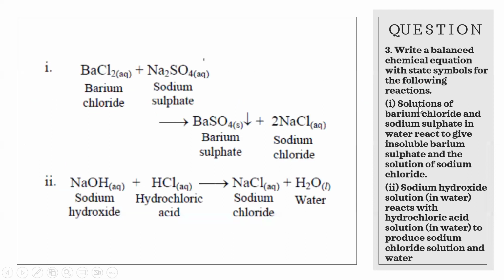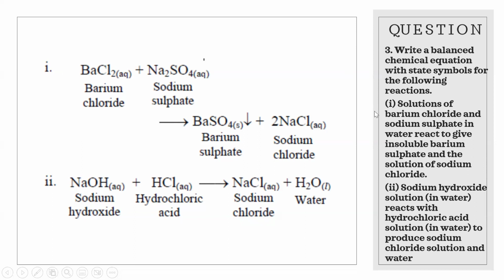Next one is balancing a chemical equation. Here, with the physical states, you are asked to write the solutions of barium chloride and sodium sulfate in water. Barium chloride in water means we have to write aqueous, aq, and sodium sulfate is in the aqueous state.